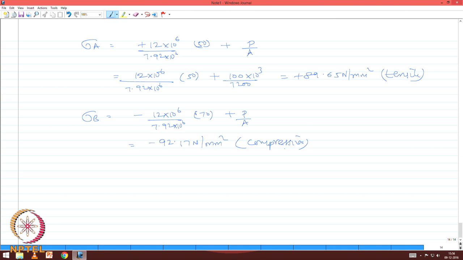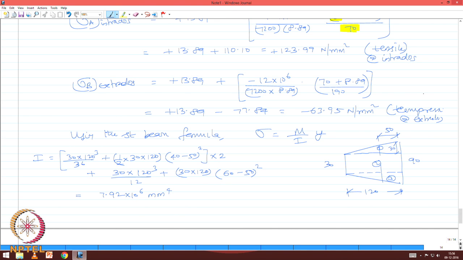If we compare these values, what we have from the actual value, so the Winkler-Bach equation gave me sigma A as 123.99 tensile. You can see here that is sigma A. Similarly, sigma B is minus 63.95.